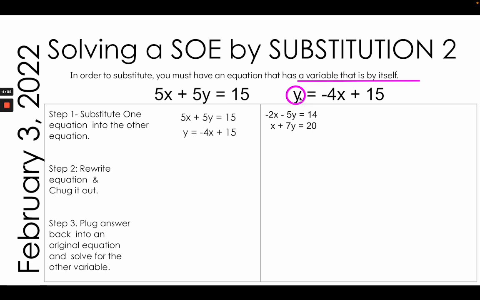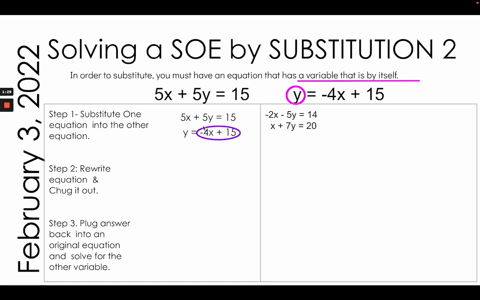Just a review from yesterday: when we have a variable that is by itself, we can now substitute. Go ahead and write this equation next to step 1, and we're going to go through the same steps that you did yesterday. The equations are just going to get a little bit more complicated or extensive. So we have y equals negative 4x plus 15.